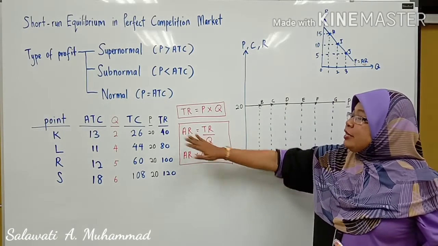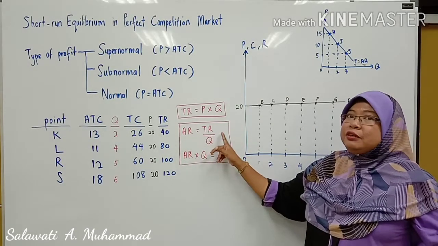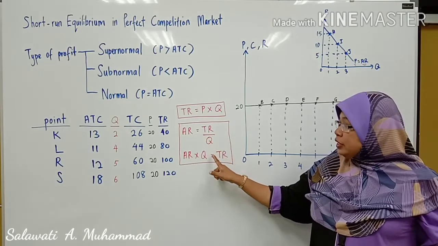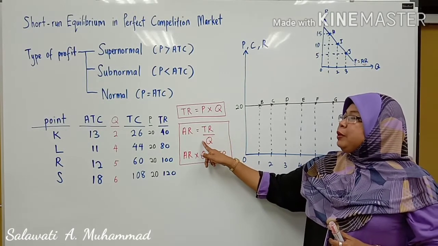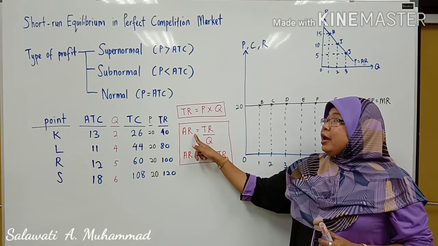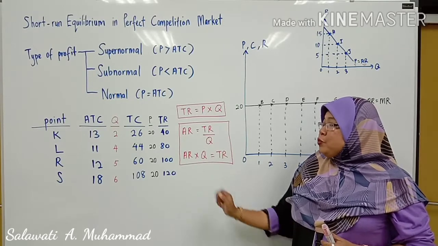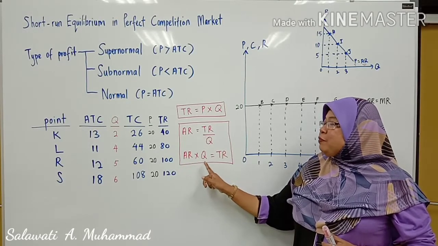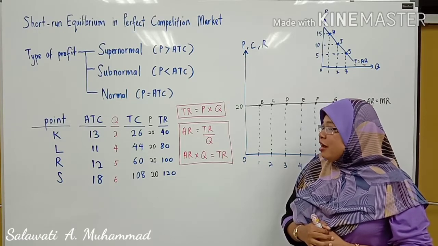So the second formula, average revenue equals total revenue divided by quantity. So in order to get total revenue, we move quantity and multiply it with average revenue. So when average revenue is multiplied with quantity, we have the amount of TR.